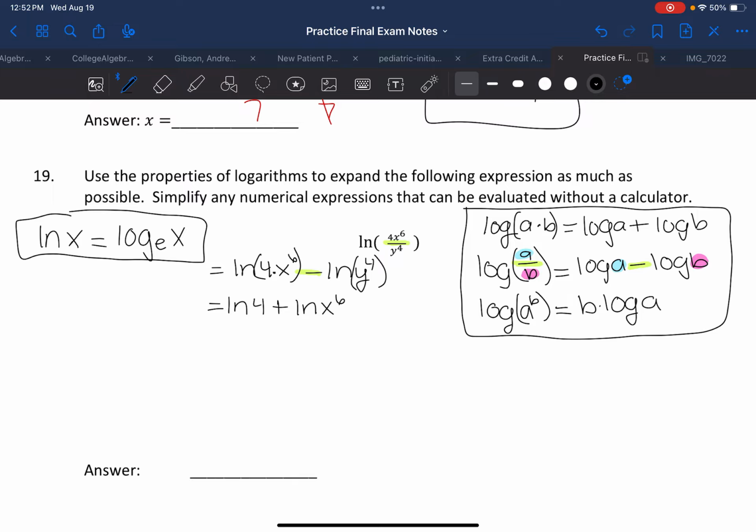And I'm just going to bring this second minus ln of y to the 4th down. So I didn't do anything with this expression, I just brought it down. But I just separated this first expression into a summation using the first rule because I had a product of two things.